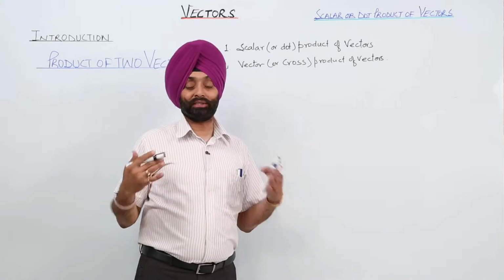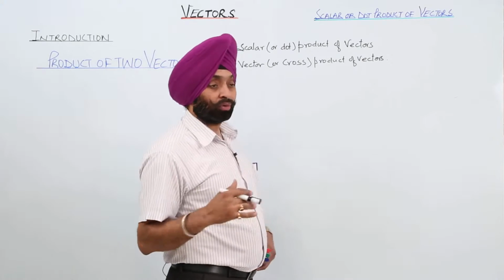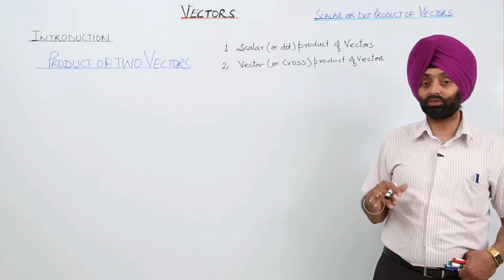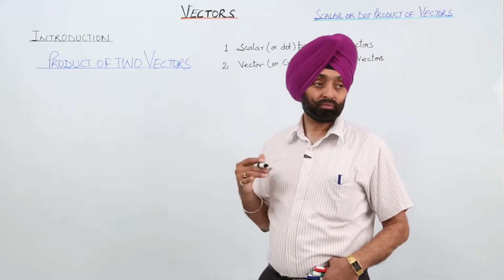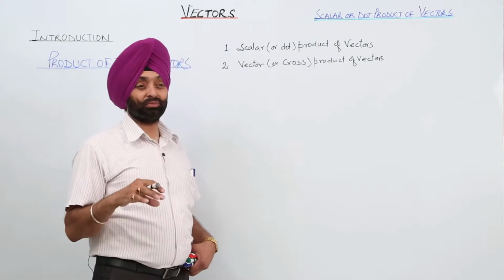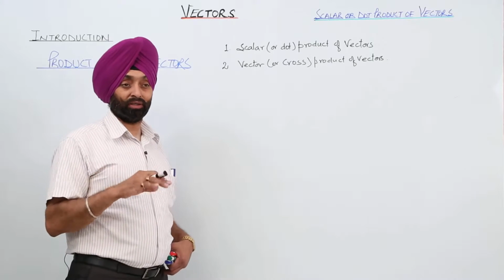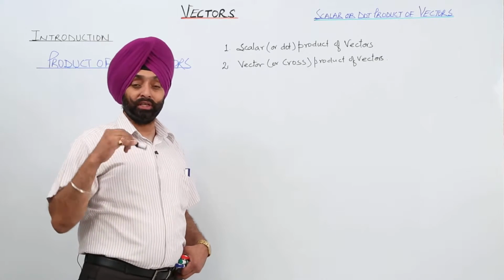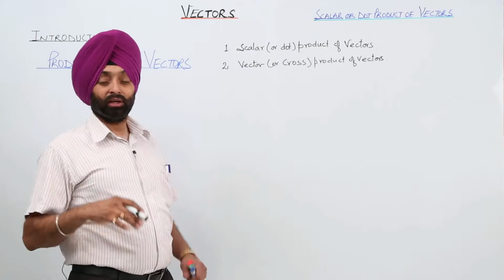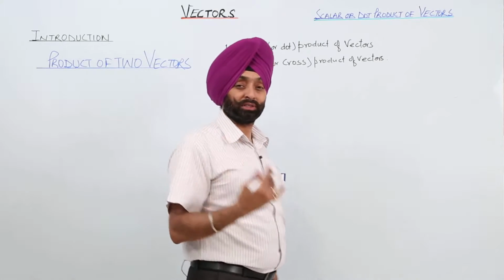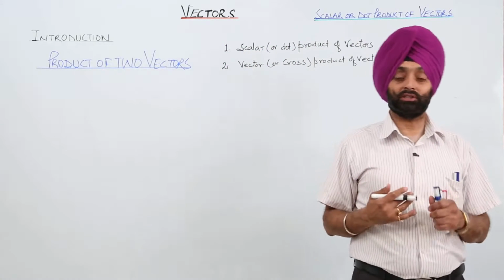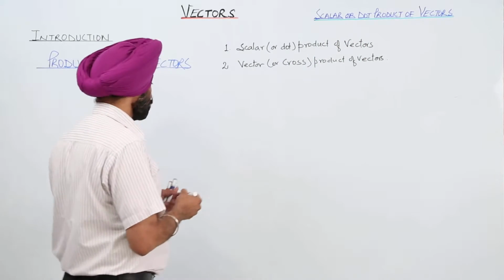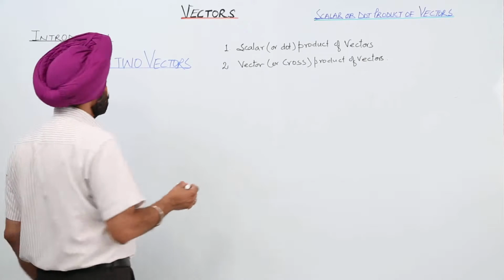Now what exactly is it? We have gone through the junior classes with different types of products of a scalar form. Now vector represents some physical entities, and the product of two vectors needs to be defined in such a way that it goes for some results for some physical situations. Let us write it once more.